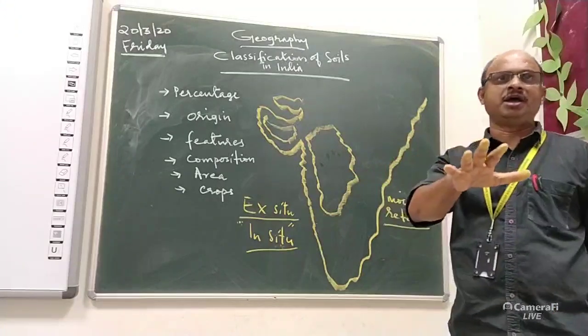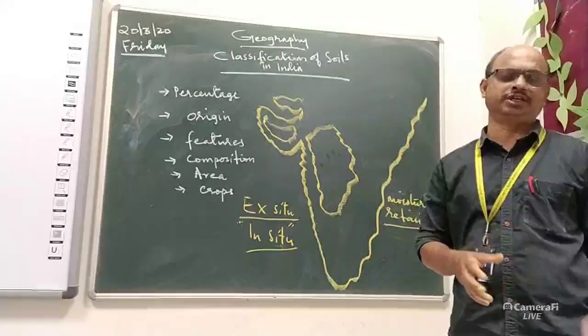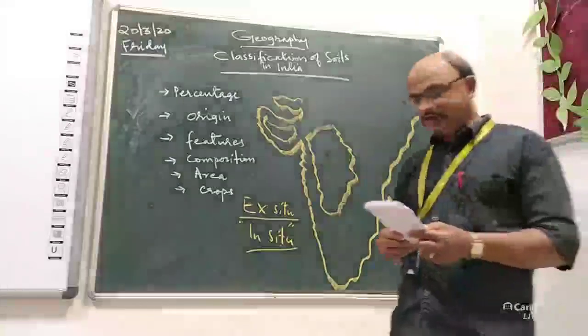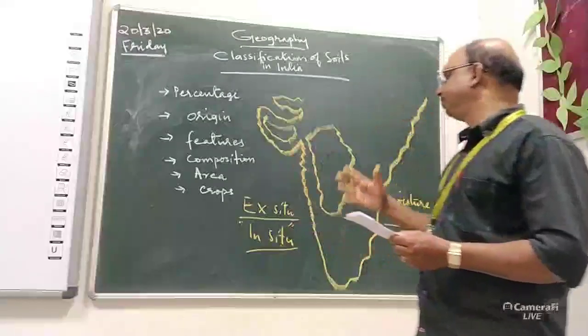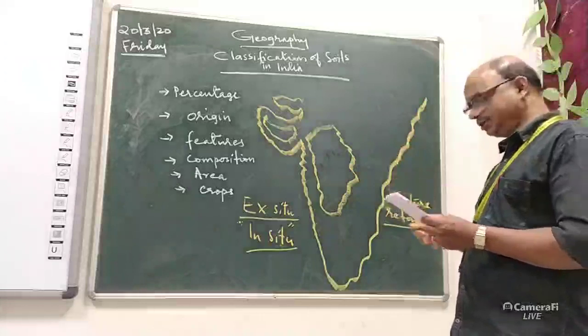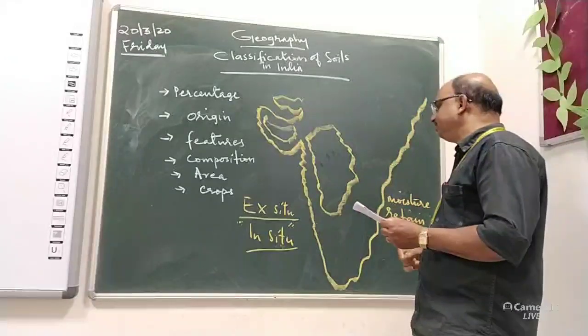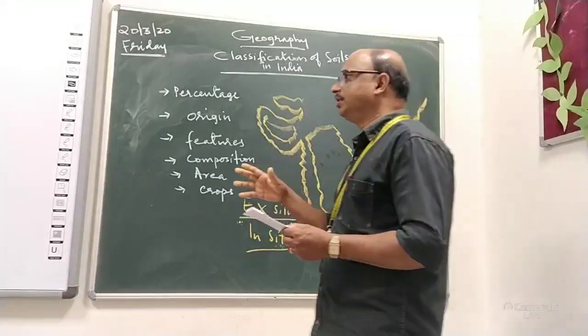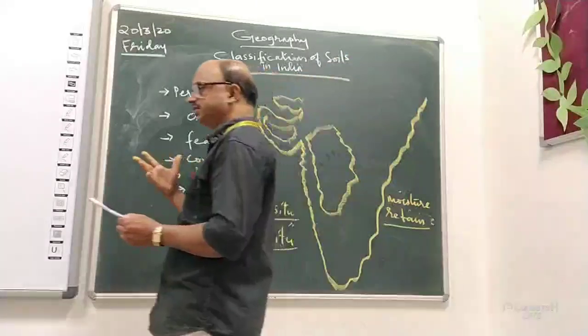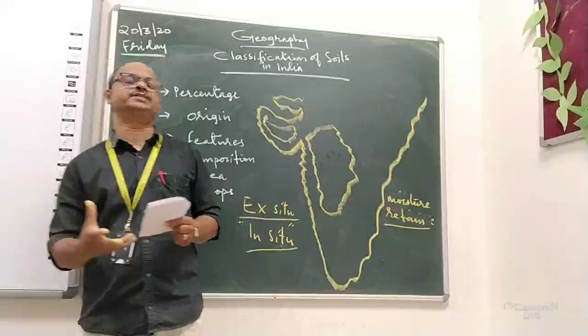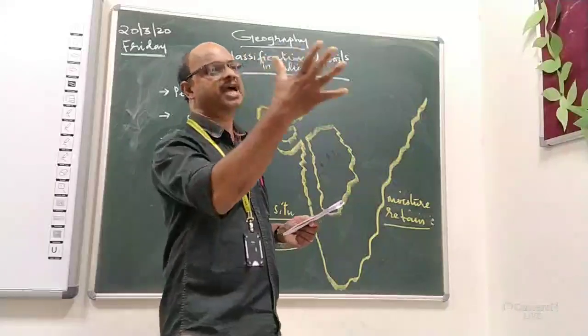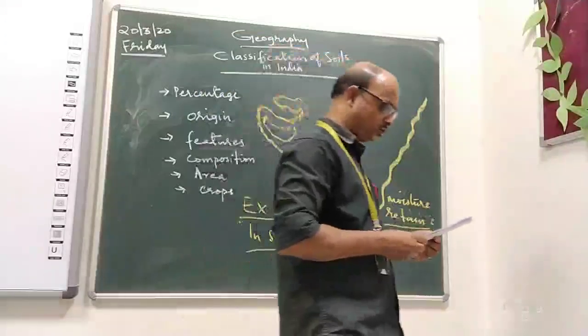It is black in color, and that is because of the mineral composition. We just mentioned the important feature that it is moisture retentive during the rainy season, and it is very sticky. And during the dry season, cracks are formed in this particular soil.